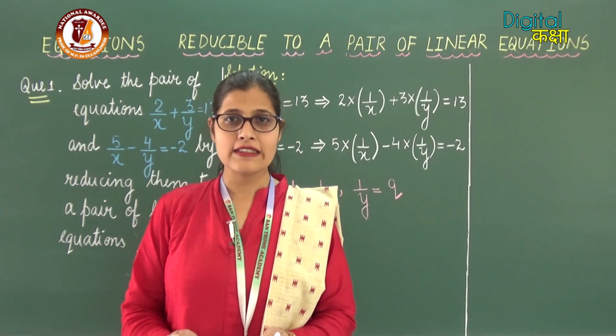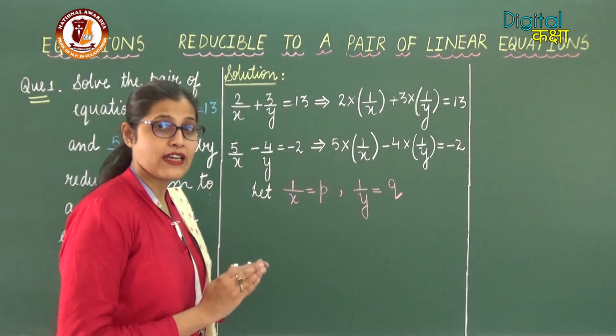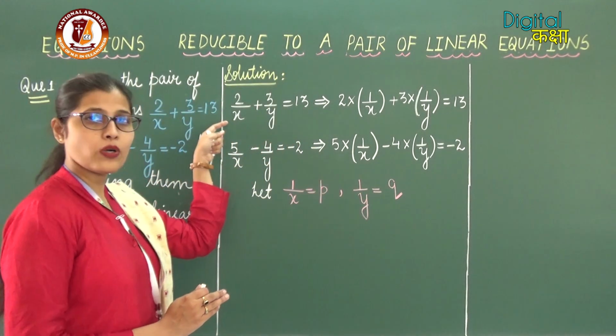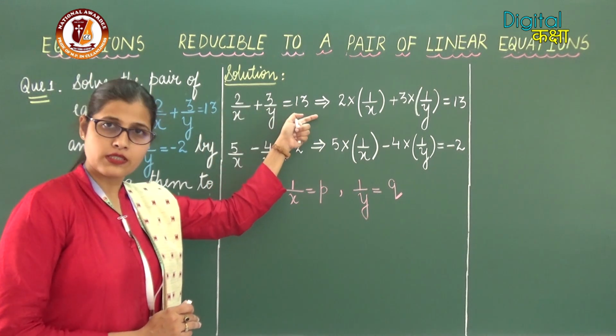As you can see, there are two equations. So, we will be rewriting them, that is 2 upon x plus 3 upon y equals 13.